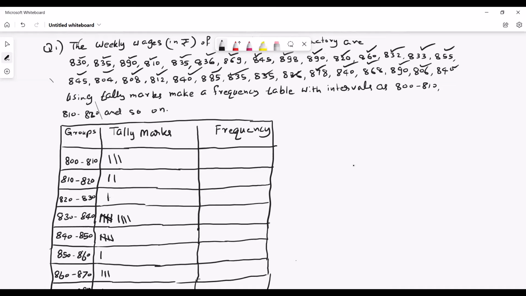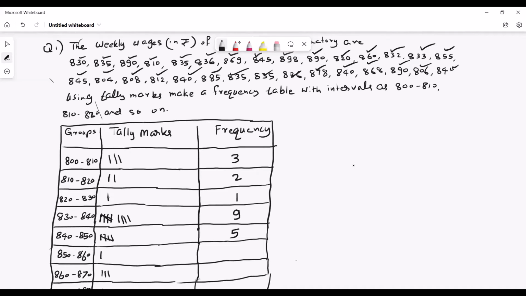In 800 to 810 we are having 3. So in frequency you write 3. In 810 to 820 we are having 2. In 820 to 830 we are having 1. And in 830 to 840, 5. This is representing 5. 5 plus 4 is 9. We are having 9. And here 840 to 850 we are having 5.